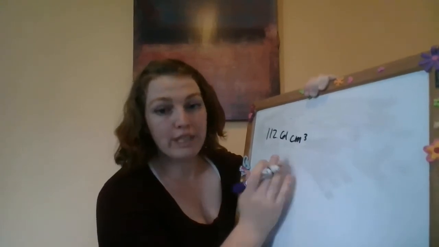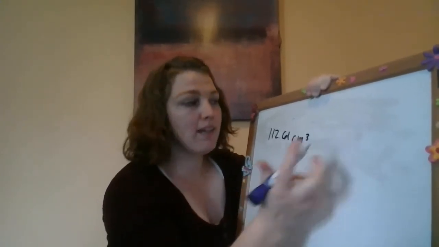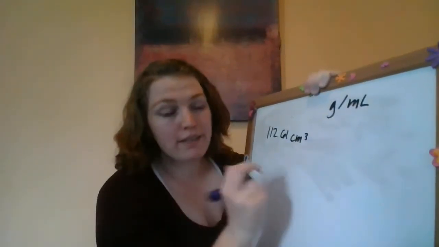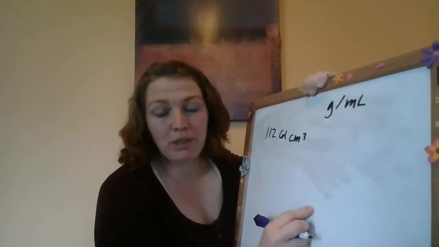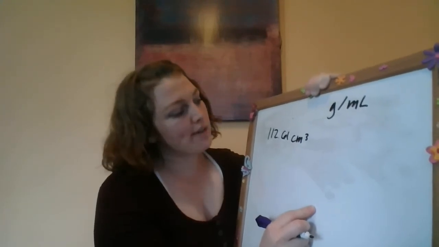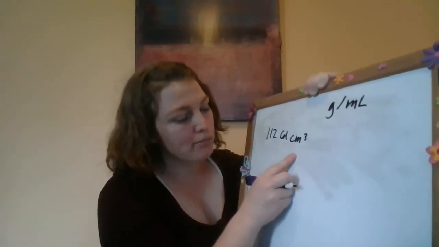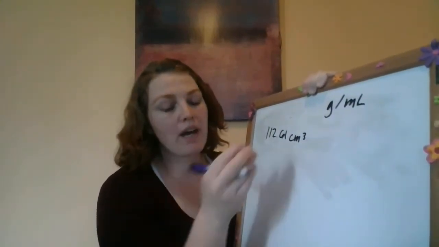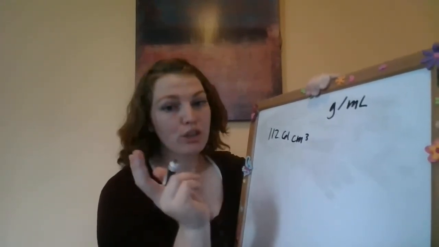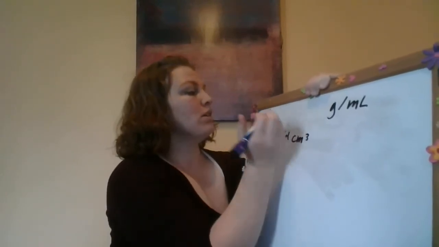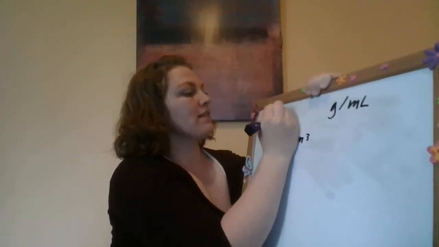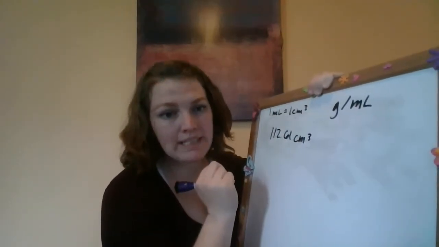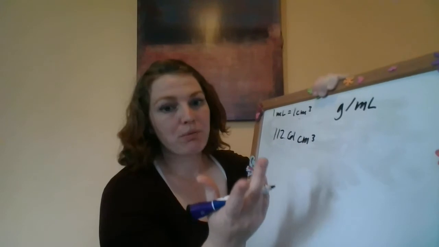So when you go to do your density calculations, you'll notice that density is reported in grams per milliliter. That is the standard unit of measurement for density. But your volume is in cubic centimeters, and we want you to get it to milliliters. So how do you do that? Again, because of our little trick earlier where we know that 1 mil of space is the same thing as 1 cubic centimeter or 1 cc of space, it's a 1-to-1 ratio, right?